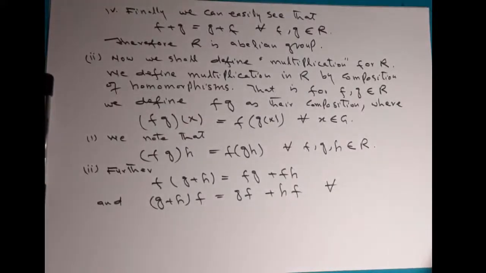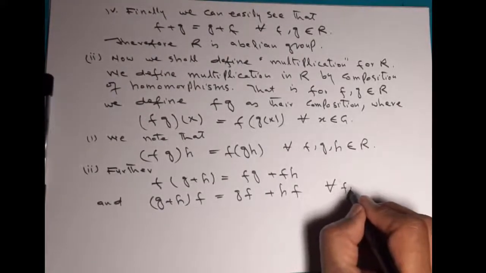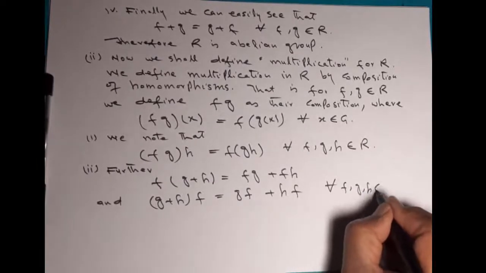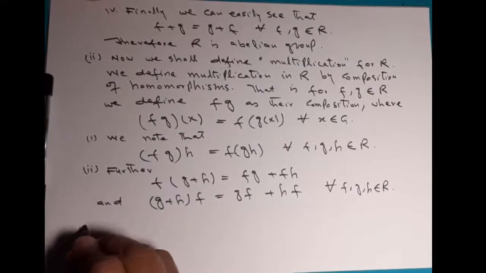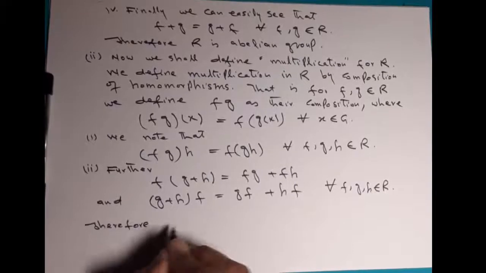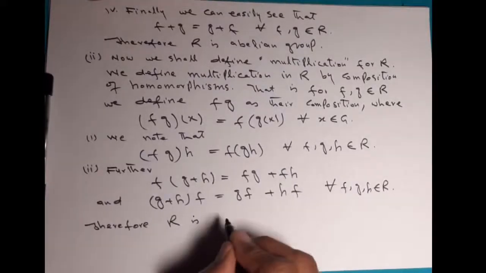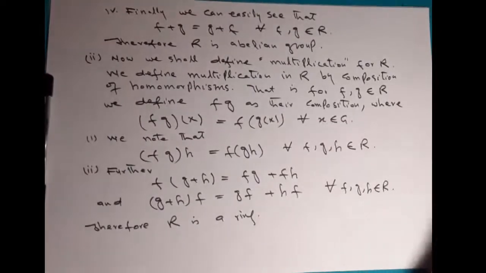This is because F, G and H are endomorphisms. They have the same domain and the same range. This is for all F, G, H belonging to R. So distributive laws hold. Therefore, R is a ring. We have defined addition pointwise and multiplication as composition of endomorphisms.